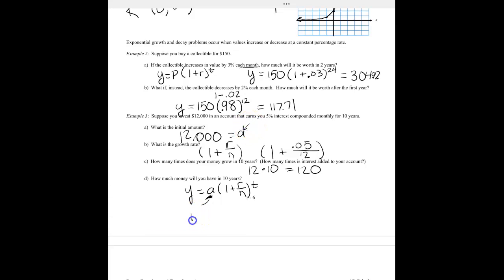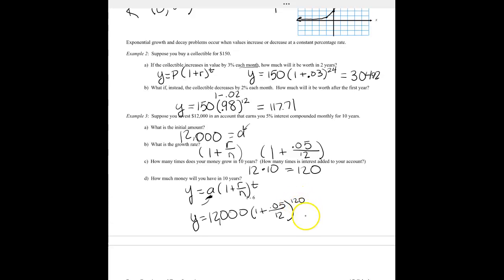So plugging this all in, I get y is equal to now 12,000 times 1 plus r, which is that 0.05 that we plugged in earlier, divided by the amount of months in a year, which is 12. All of that to how many times it's growing per year, my time, which is that 120.